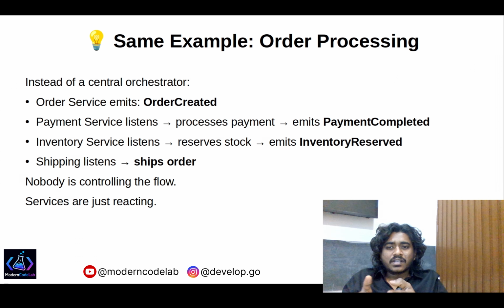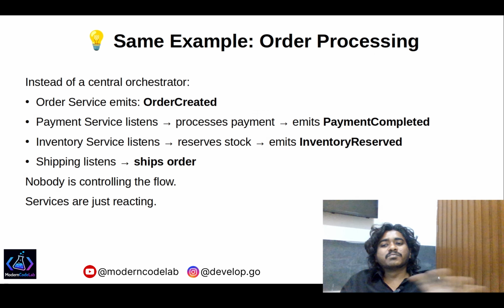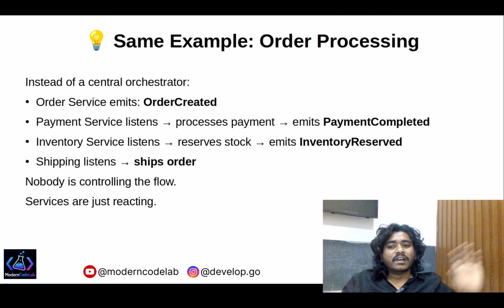When the order service emits order created, the payment service listens and processes the payment, right? And if it is successful, it emits payment completed. This payment completed is listened to by the inventory service, which updates the stock in the inventory and also emits another event called inventory updated or inventory reserved. After that, when the shipping service listens, it ships the order. It goes to the different flow of product delivery, etc.